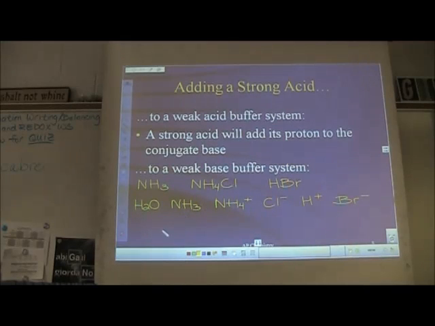What are my acidic candidates? NH3 is not an acid. Three possible choices. Which one do you think I'm going to go with? H plus, King Daddy. Let's think about our bases. What are the options? Cl minus, Br minus, H2O, and NH3.